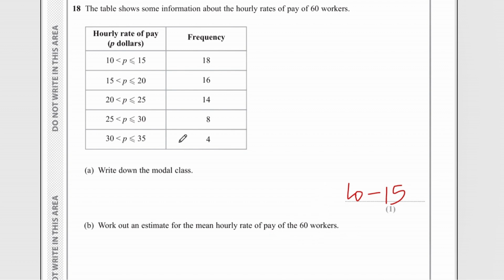So how do you get the estimate for the mean? Now, you know that when it comes to frequency tables, the mean is summation of fx over summation of f. So in this case, we have to get fx, and fx simply means you get the class limit. I know most of you can do this. Class limit is like you add the two on the left and the right and divide by 2.